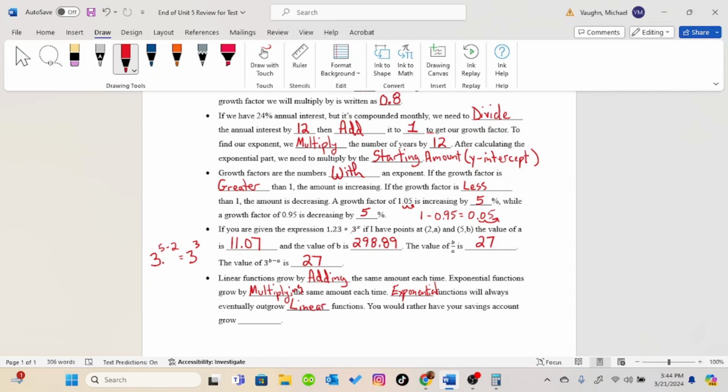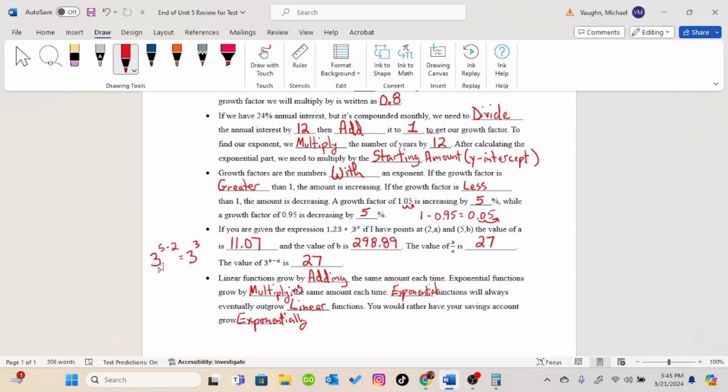You would rather have your savings account grow exponentially. Your money will always end up at a higher amount if it is growing exponentially than if it is growing linearly.